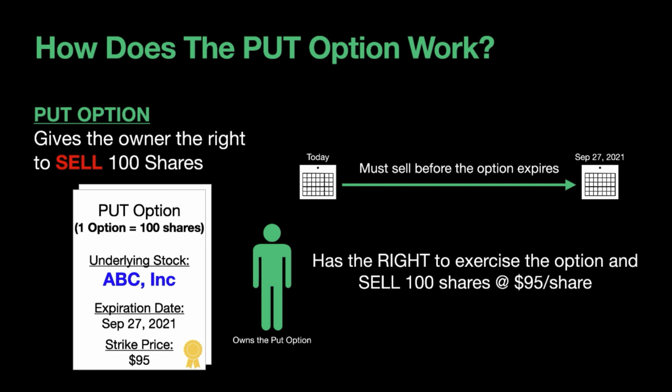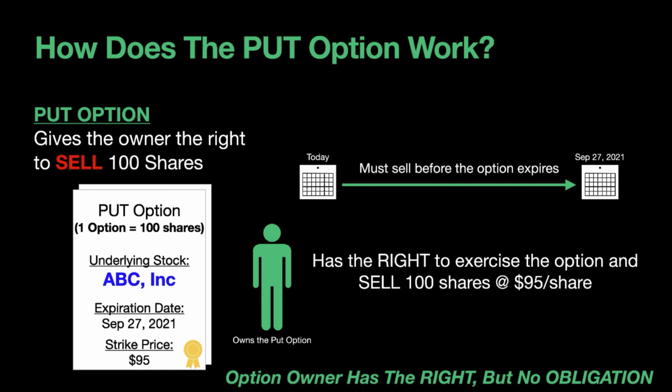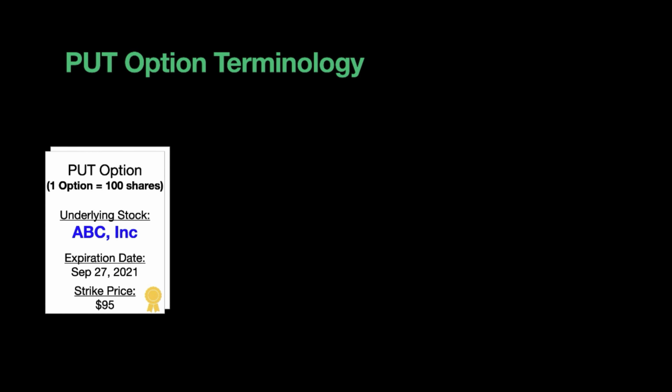So sometime between now and the expiration date of September 27th, 2021, the owner of this option can sell those shares and acquire $95 per share as a part of that sale. So this option owner has the opportunity or the right to sell those shares, but they're under no obligation to do so.